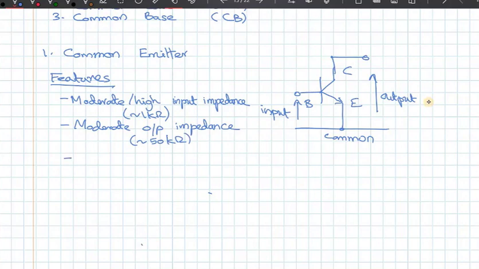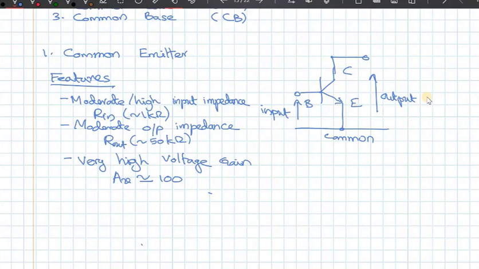And its voltage gain is actually very high. So this is R out, this is R in. So AV is in the range of 100.